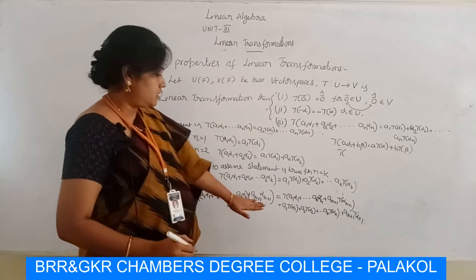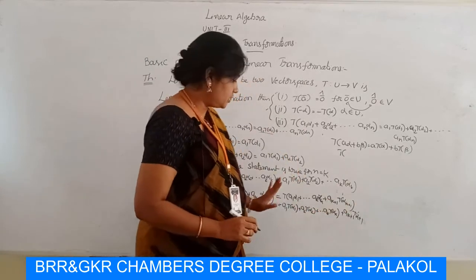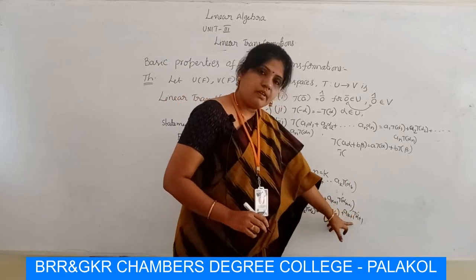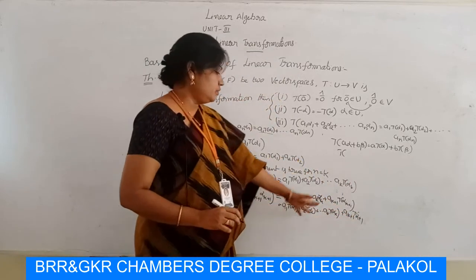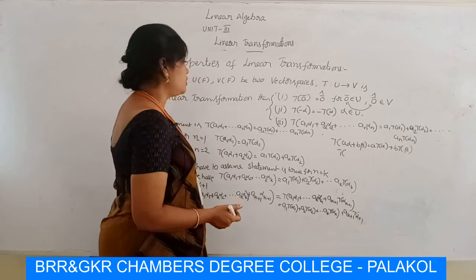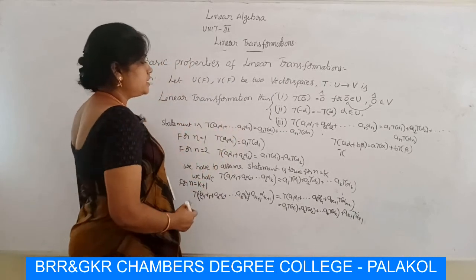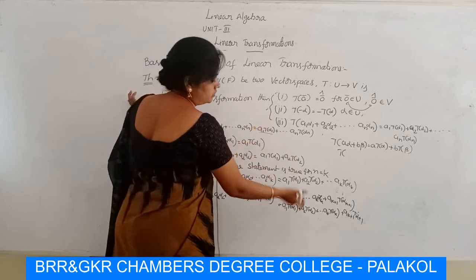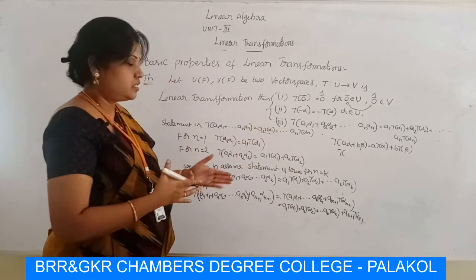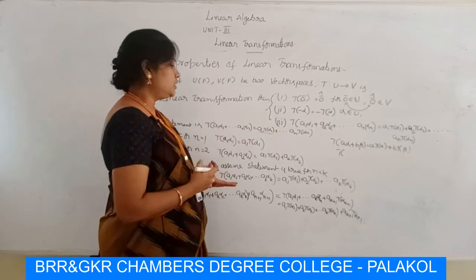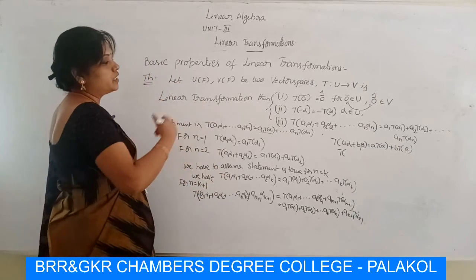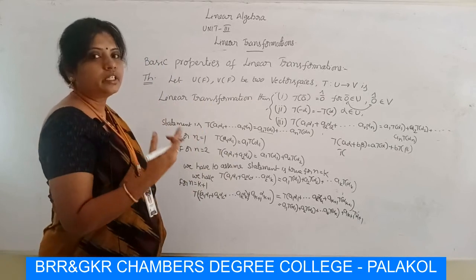So this is a linear combination of the vectors T of alpha 1, T of alpha 2, and so on T of alpha k plus 1, with scalars a1, a2 and so on. So the right hand side value of the statement for k values is the same result. Therefore the statement is true for n equal to k plus 1.